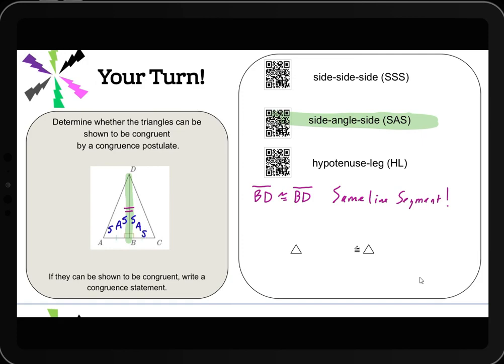So SAS is going to be the easiest one to utilize here. It may not be the only one. There might be other ways to justify the others, but again, right away, this one does actually work. So again, I could call it triangle ABD is congruent to triangle CBD. That would be an acceptable congruent statement.